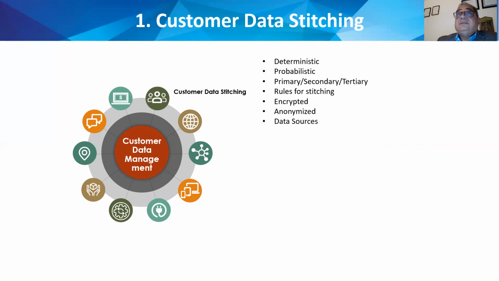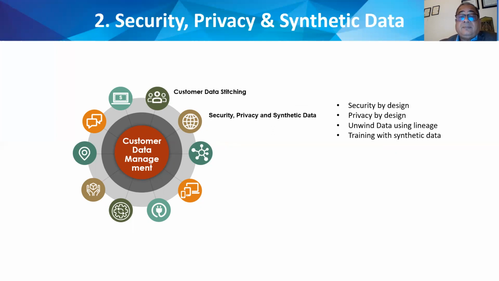And if they are encrypted, that's an encryption key that you can manage, or the platform that you design can manage. In some cases, we'll also need to manage anonymization with the customer data stitching process. It all depends on the various data sources that we'll get. So it is very special and specific to customer data integration.